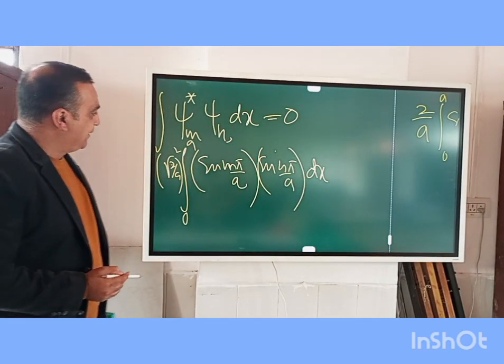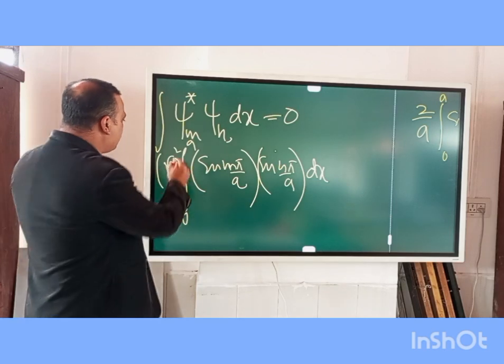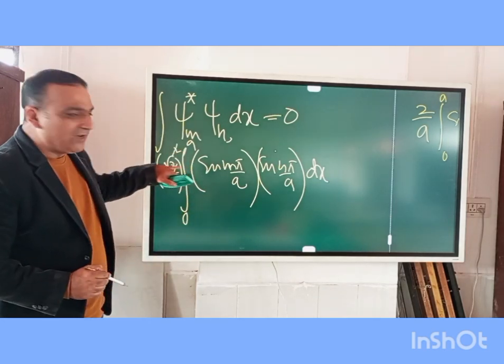Now you can see the square and root will go, and this 2 will go inside.